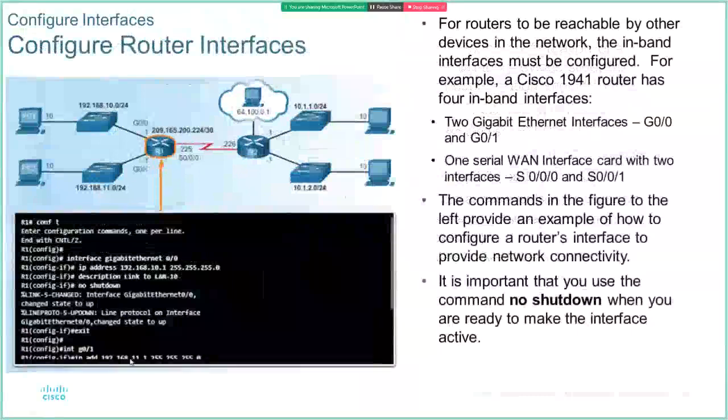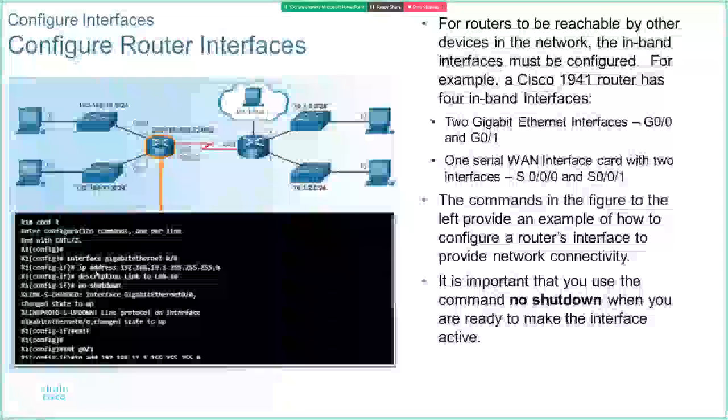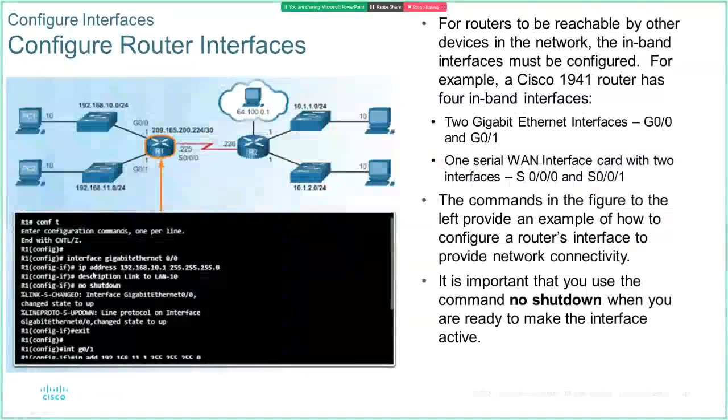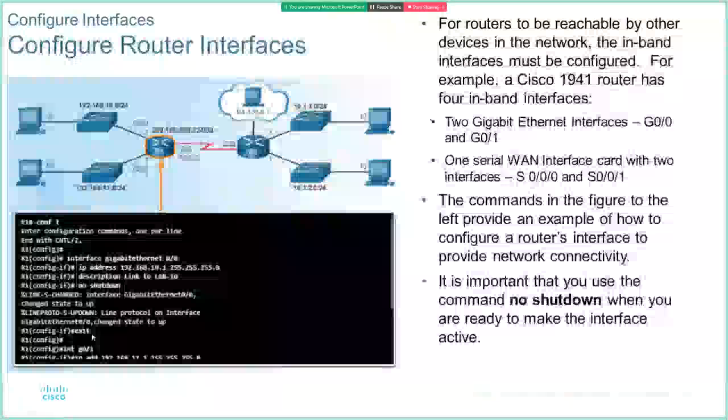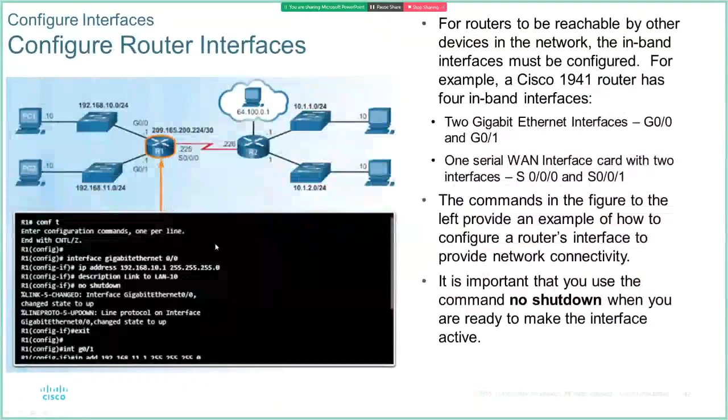So on the router we will be doing the interfaces, IP address, subnet mask. You can put a description basically describing what it's connecting to. Turn the interface on with the no shutdown command, and then rinse and repeat for all the interfaces on the device.